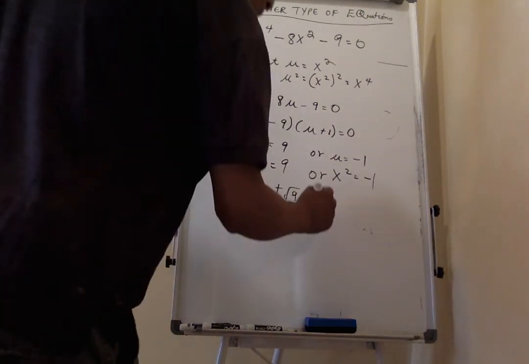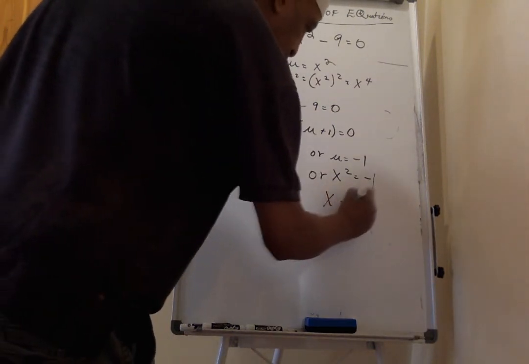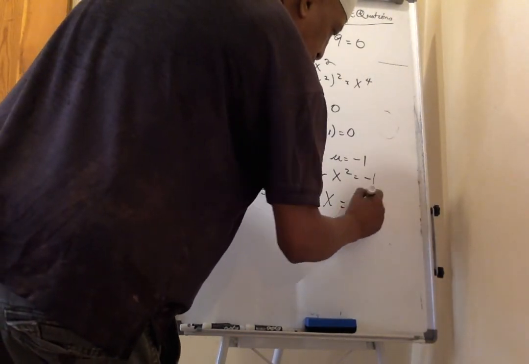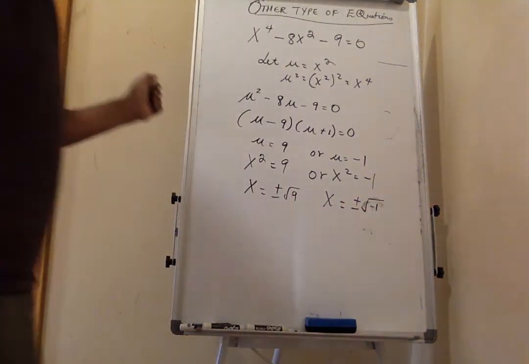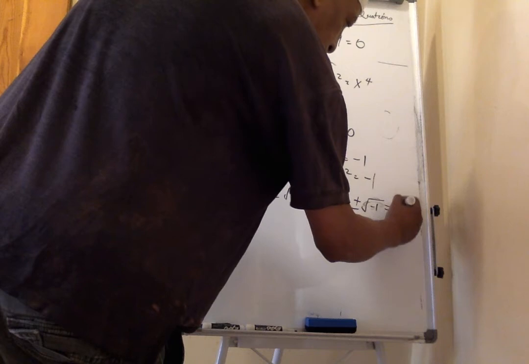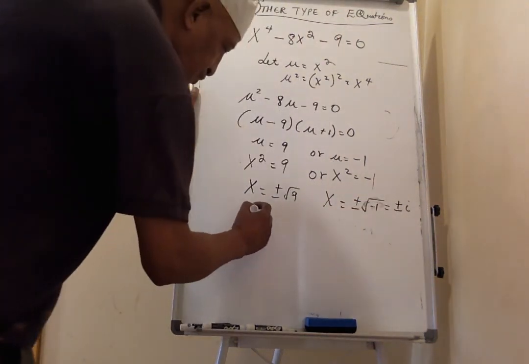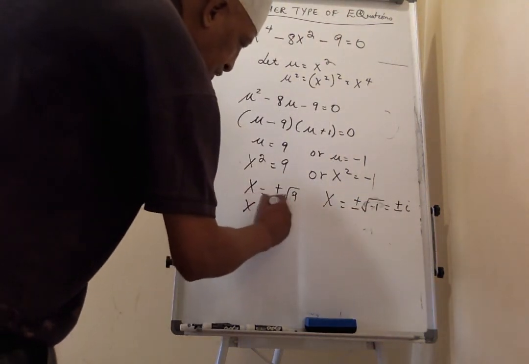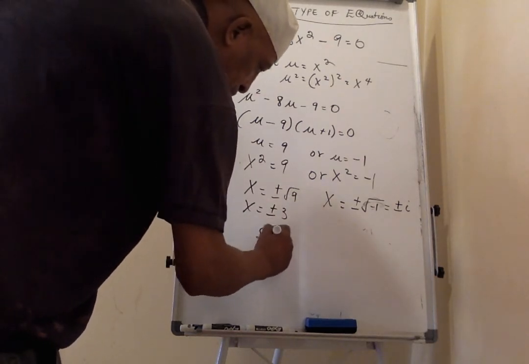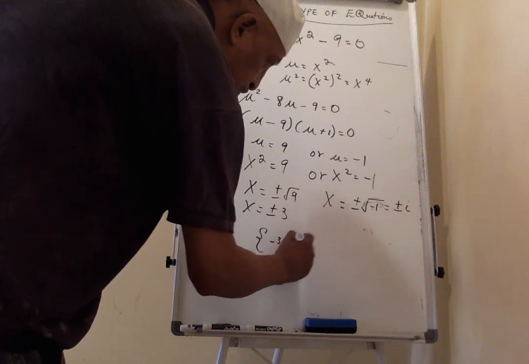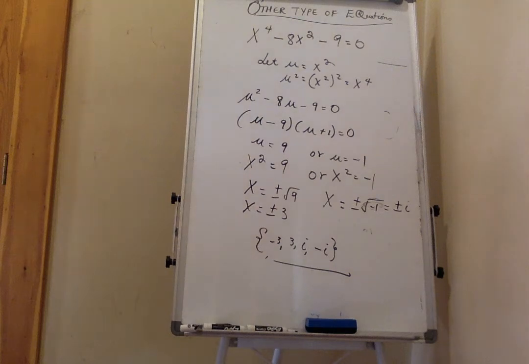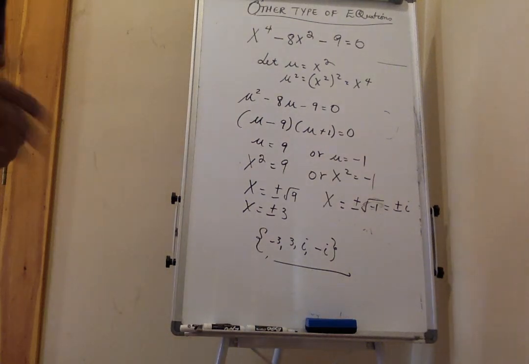If x squared is equal to negative 1, then x equals plus or minus the square root of negative 1, and because we know about complex numbers, this is plus or minus i. So your answer would be negative 3, 3, i and negative i. You have two real solutions and two complex solutions.